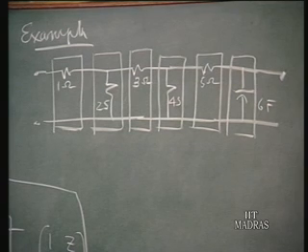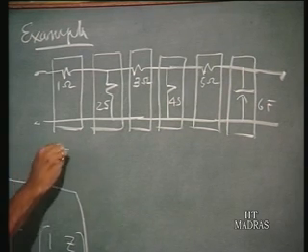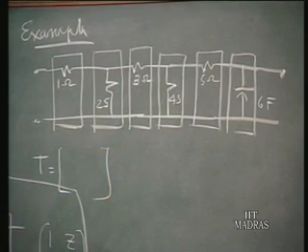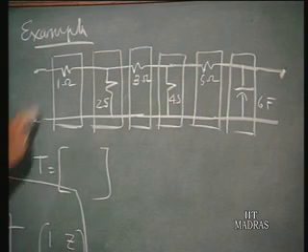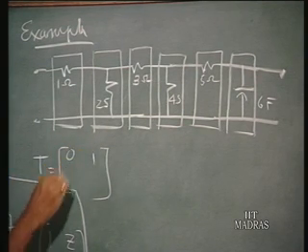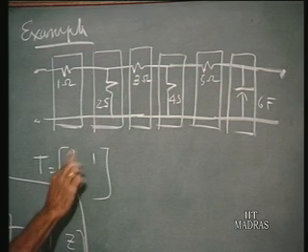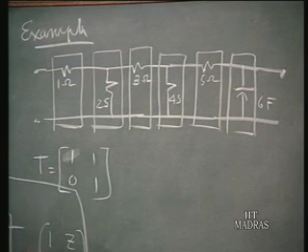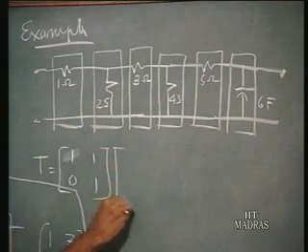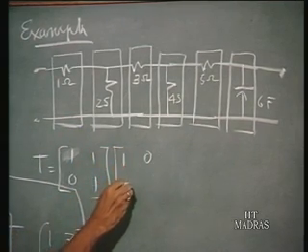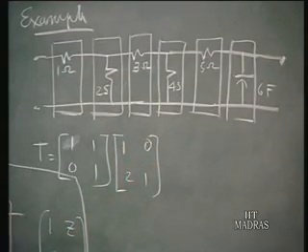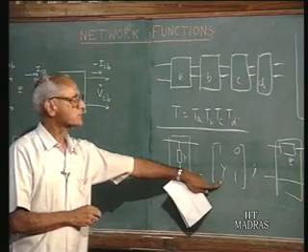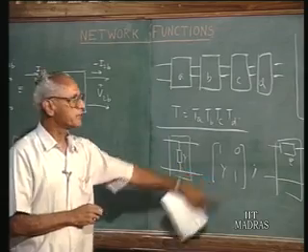So to obtain the chain matrix of the overall configuration, I need to multiply the chain matrices of the individual units. Remembering this rule, the chain matrix for the first 2-port network is this, that is [1 1; 0 1]. For the second 2-port network, it is [1 0; 2 1] using this rule, because it is a shunt element.